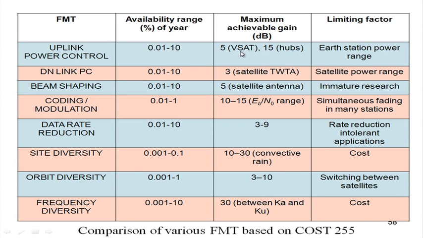VSATs are very small aperture terminals. So for a very small aperture terminal, all the facilities available at the terminal are small. You can't put a very large power amplifier there, since it's uplink power control. Whatever power amplifiers are normally put into the VSATs, you can vary about 5 dB or so.